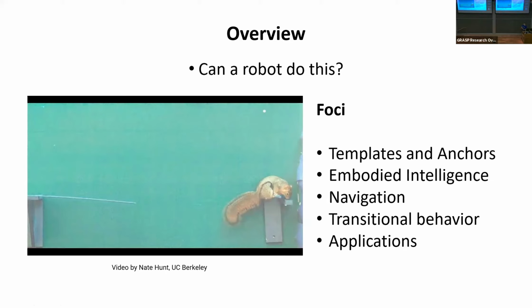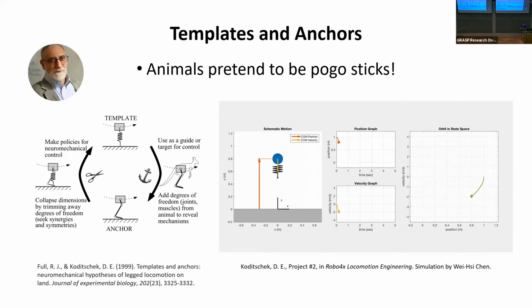So here are some focuses that we're trying to understand. The first is trying to understand the template and anchor of a system. We realize that animals are really just like a pogo stick, so we can understand them as a mass on a spring system.